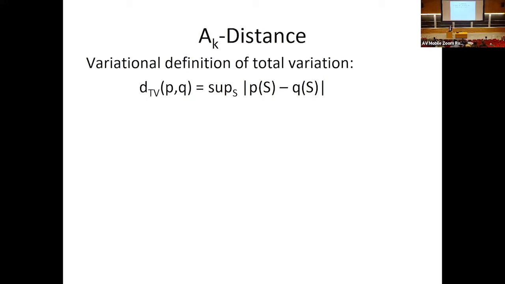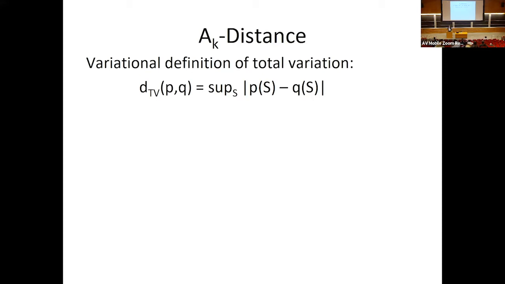Total variation distance, one way of defining it, is the supremum over all sets S of the difference between the probabilities that the two distributions assign to that set S. The problem with this notion of distance is that it says that the uniform distribution over a large random subset is really, really far from the uniform distribution over [0, 1], because you can just take S to be exactly that set.